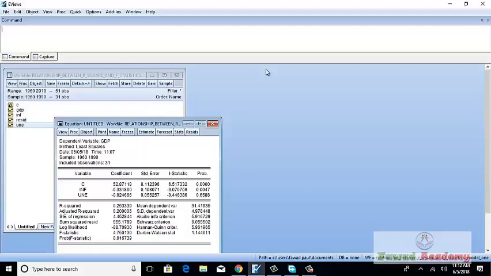Another way we can also say that 25.33% of the fluctuation of the GDP can be explained by our two independent variables.